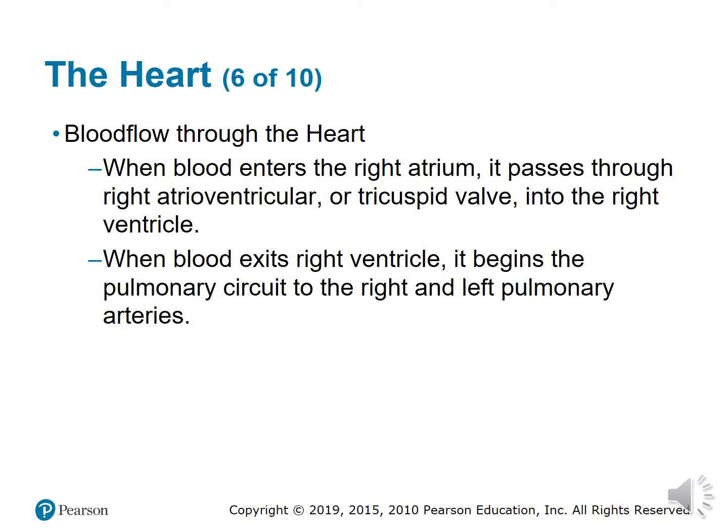Right? When blood enters the right atrium, it passes through the right atrioventricular or tricuspid valve into the right ventricle. When blood exits the right ventricle, it begins the pulmonary circuit to the right and left pulmonary arteries.